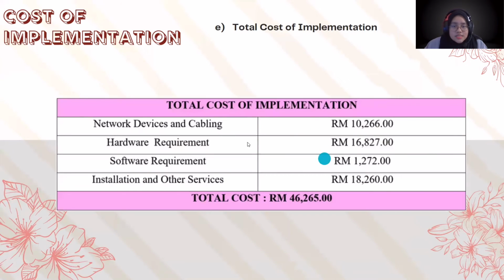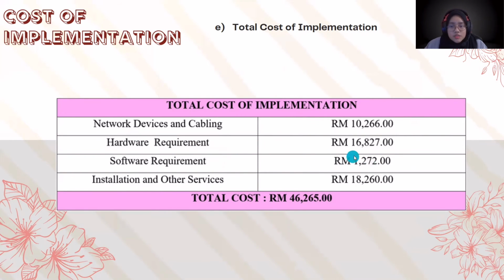And this is the total cost of the implementation. The network devices and cabling cost us 10,266 ringgit. That includes one switch, one router, 100 meters of STP cable, and 3 access points.